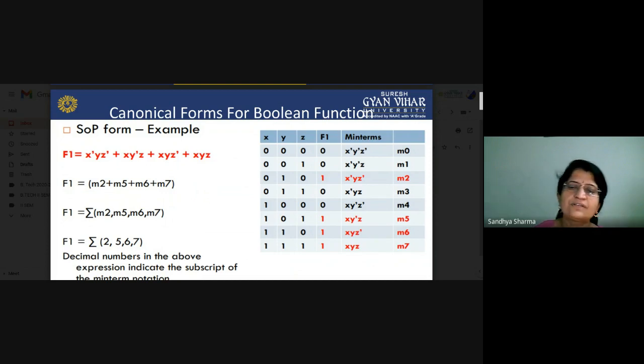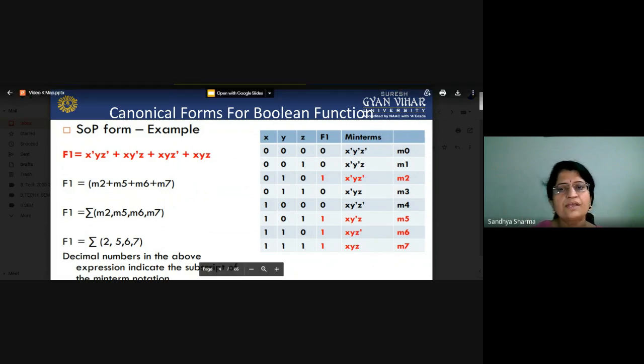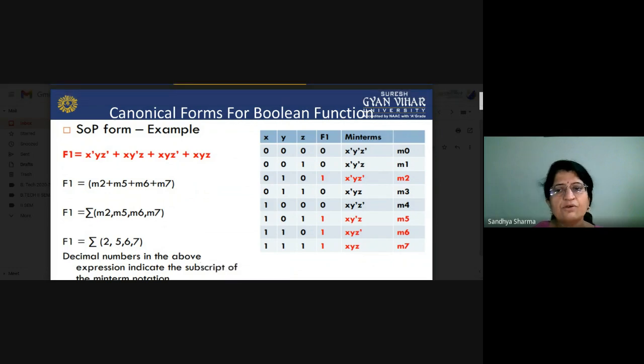Thus m2 can be written as x' y z'. If we talk about m5, how can you write it? M5 is 1 0 1, so you can write it as x y' z. Again, you can write it as x y z'.